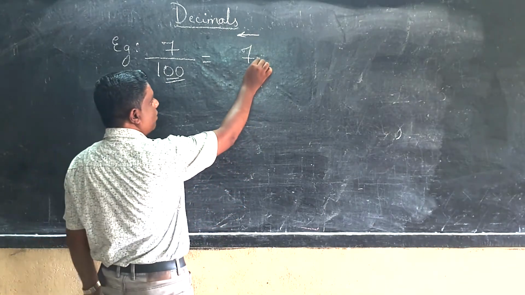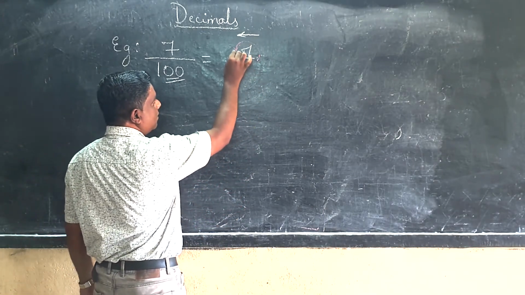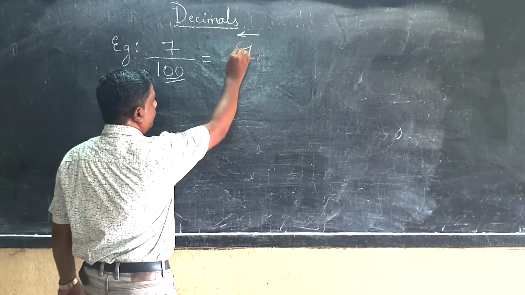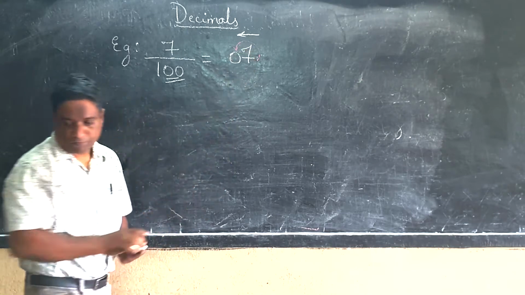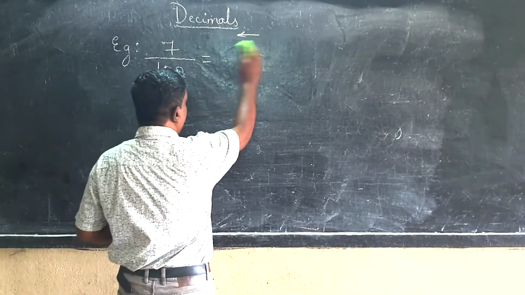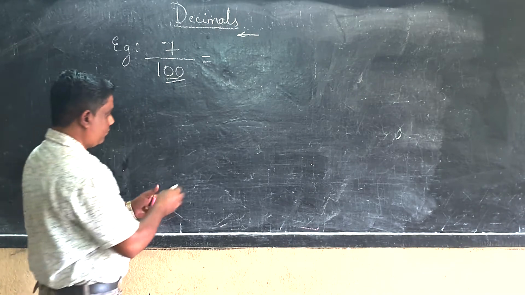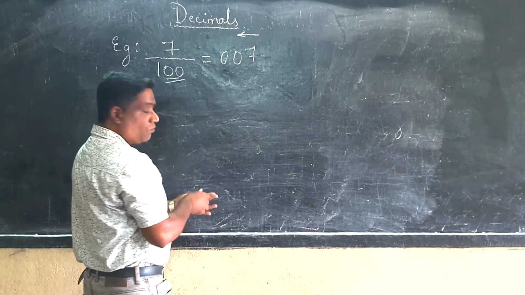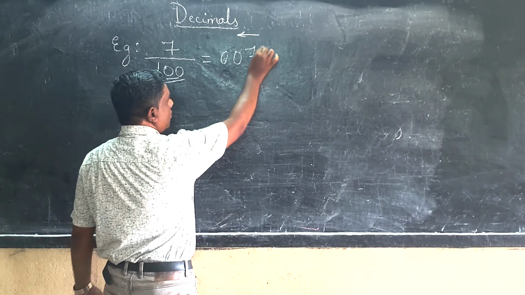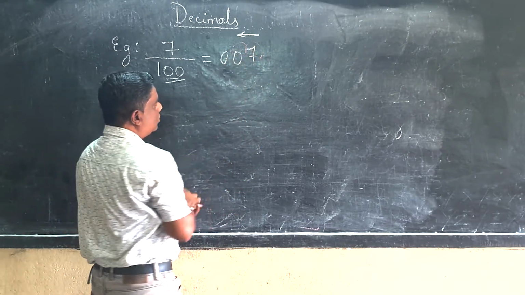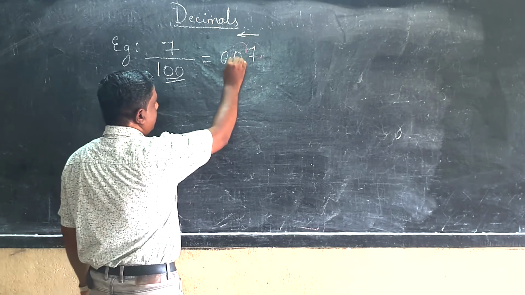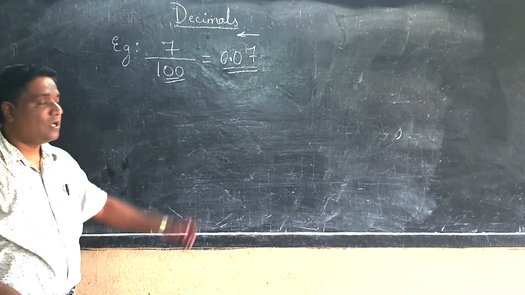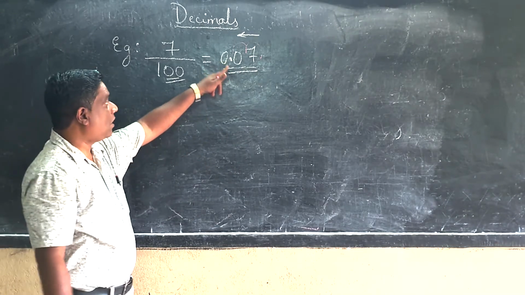You have to move this point 1, 2. So the answer is 0.07.